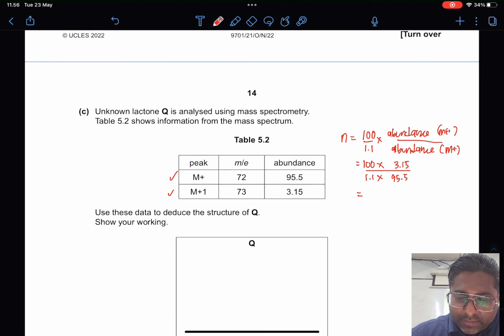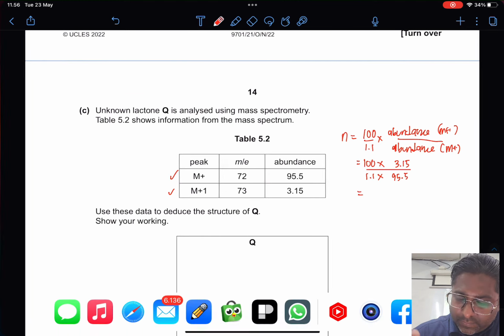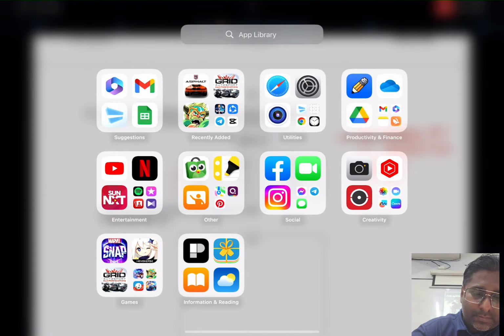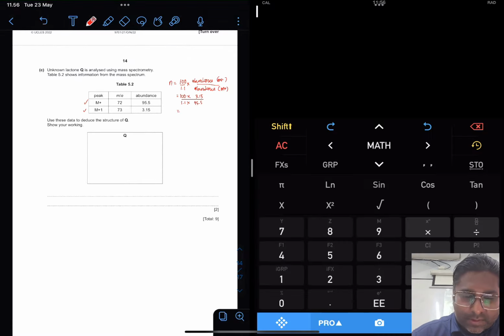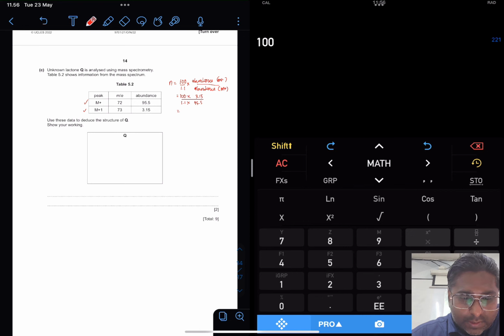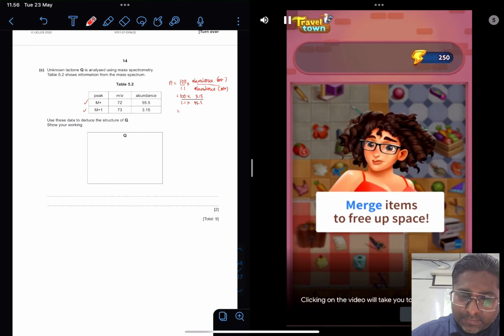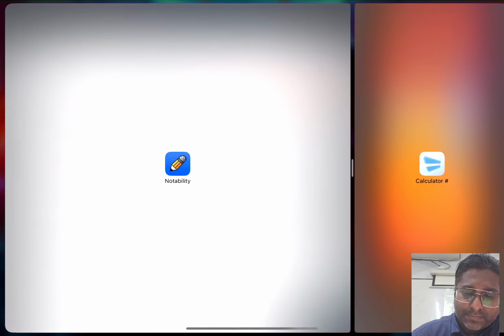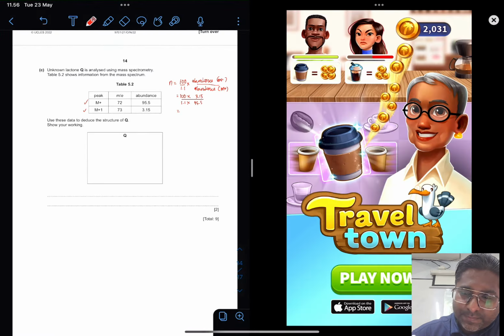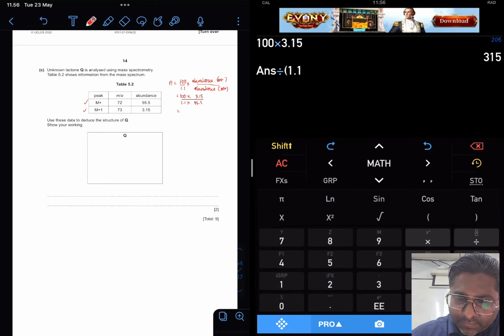So let's calculate this. 100 times 3.15 divided by 1.1 times 95.5.